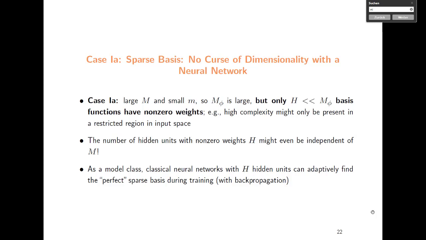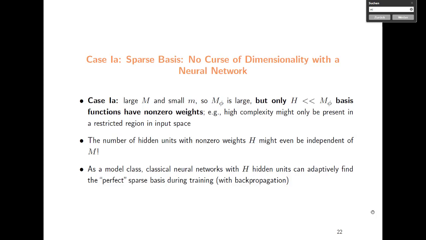And the number of hidden units with non-zero weights, or h, might even be independent of the number of inputs. And this, as we will see later in more detail, is a feature which neural networks can exploit.